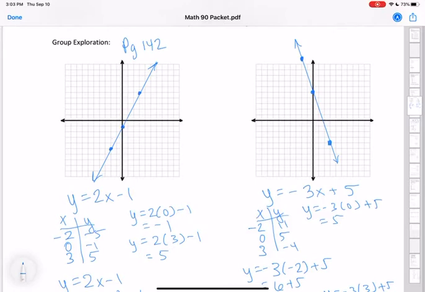For part B, what I want you to do is to count from one dot to the next what you think the slope is. Remember that the slope is rise over run. So find the slope for the first one and the slope for the second one. From one dot to the next, go up or down, and then go over. Take just a minute, hit pause if you need to.